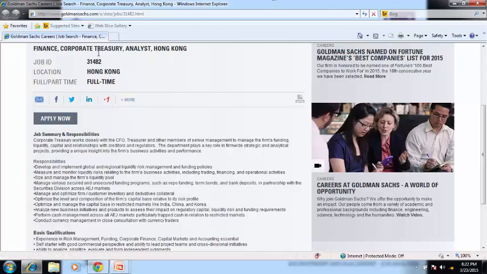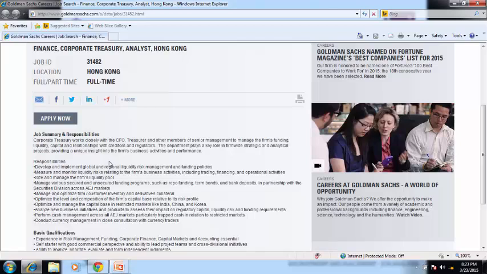As you can see, they have the job ID mentioned, the job location, whether it's full-time or part-time. There is no standard format. Every company has its own way, but there is a specific set of details that are there in every job description. Now if you look at it, they've mentioned the job summary and responsibility.